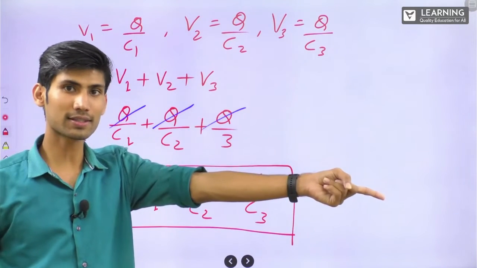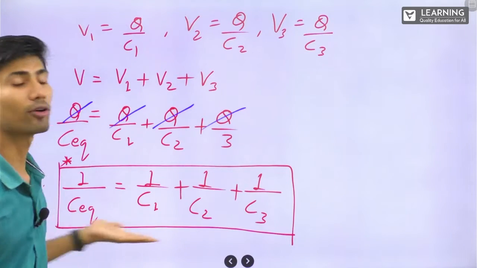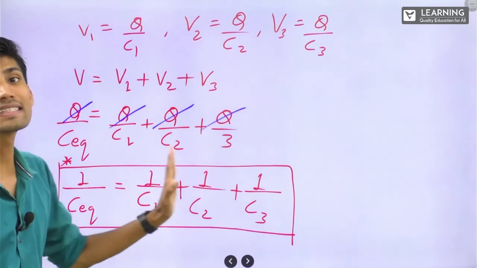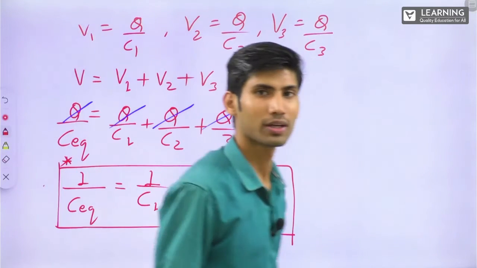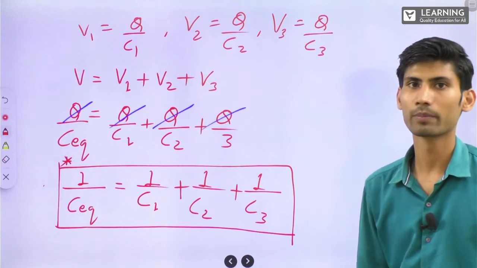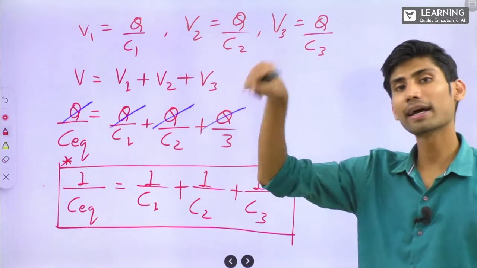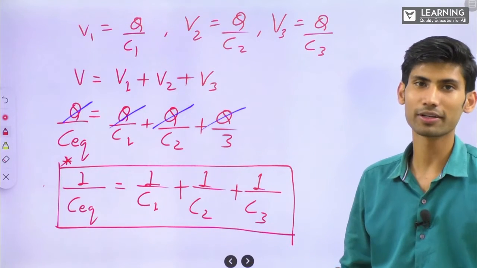There, in resistances connected in parallel, this type of formula used to come. Here, when capacitors are connected in series, this kind of formula is coming. It is completely opposite. Okay, you can remember it that way.